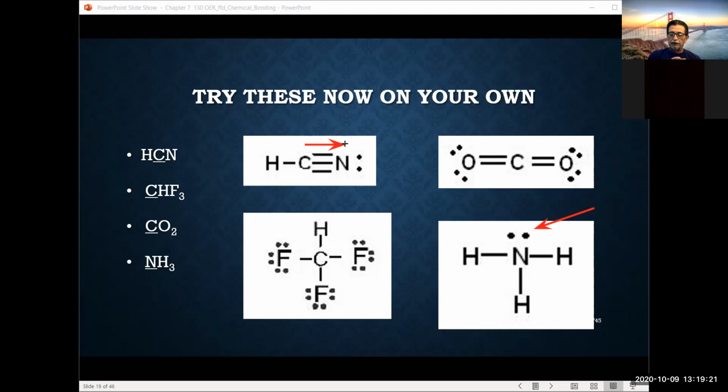It's not carbon-hydrogen, but carbon-nitrogen. The nitrogen has a higher electronegativity than carbon, therefore it would pull those electrons in that triple bond toward itself. And so we create a polar bond.